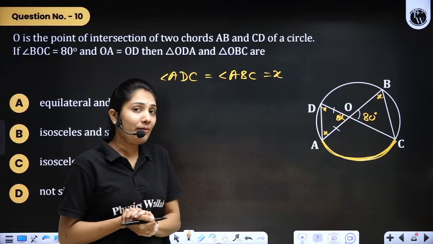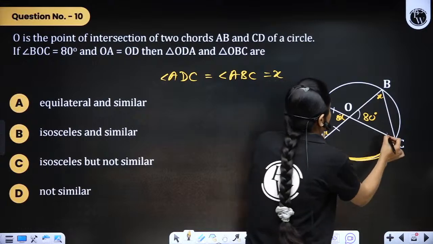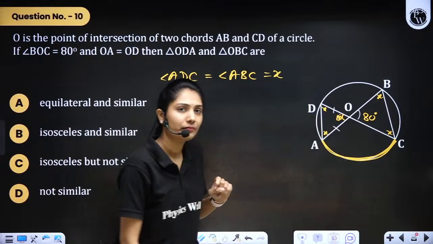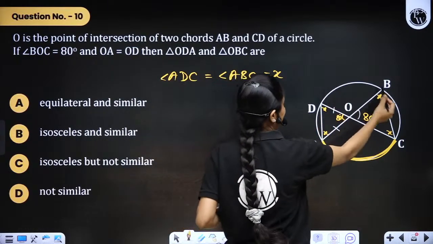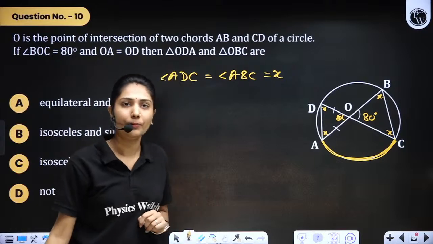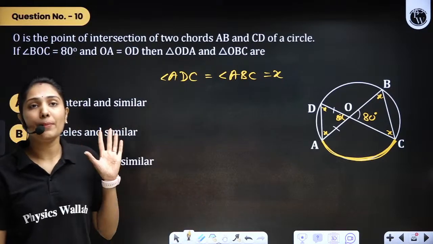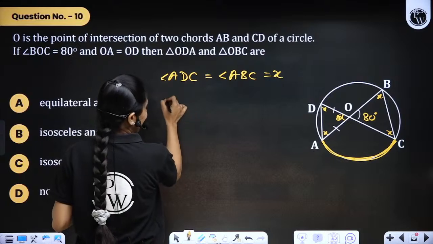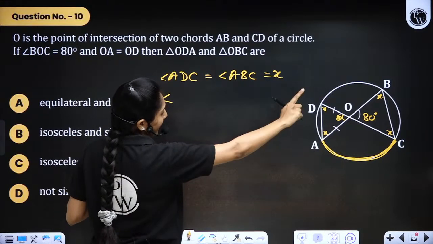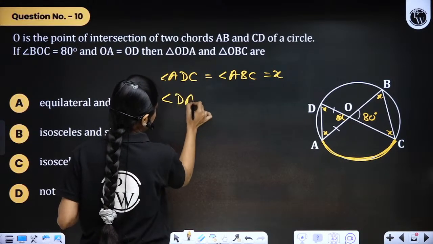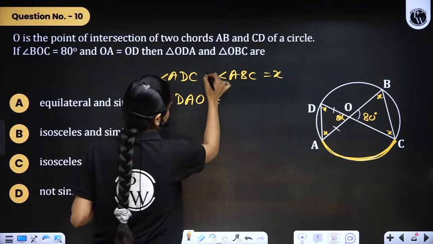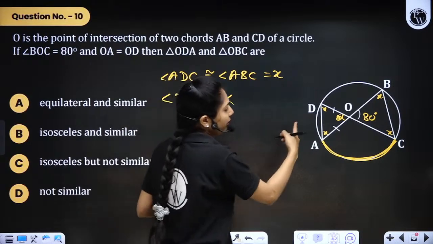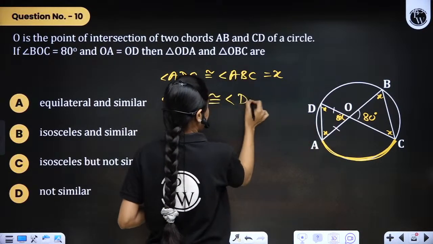In the same way, this angle and this angle are also equal because they contain arc DB as the common arc. Angles inscribed by the same arc. And that's why I can say here that angle DAO is congruent to angle DCB.